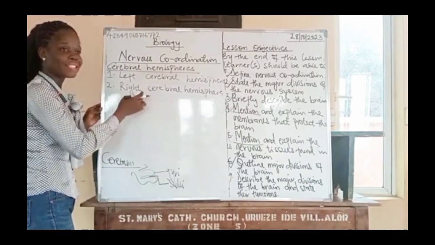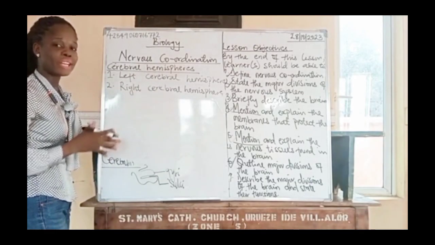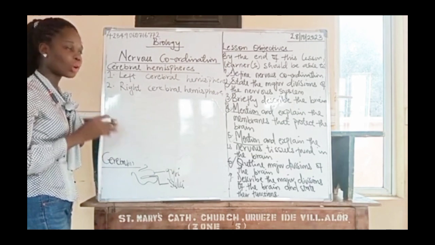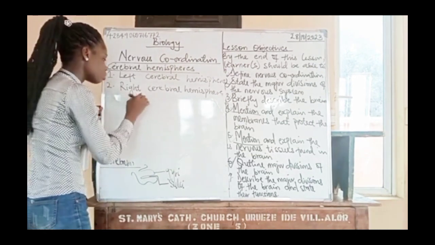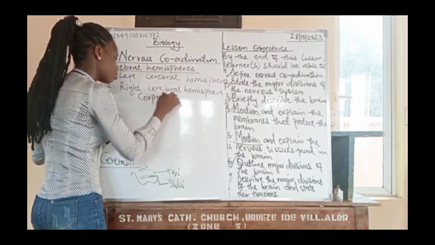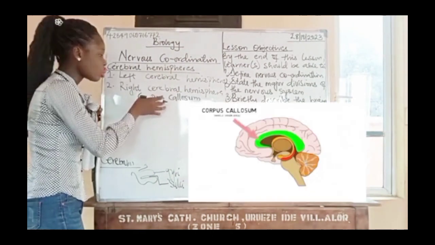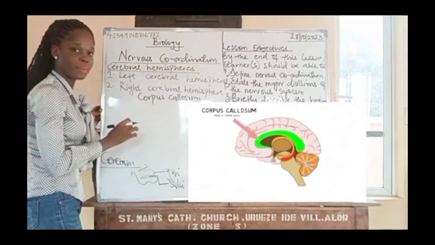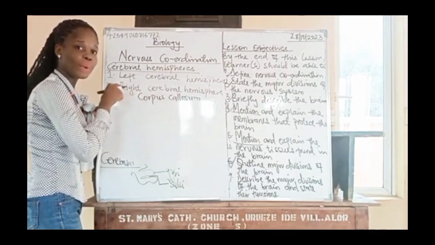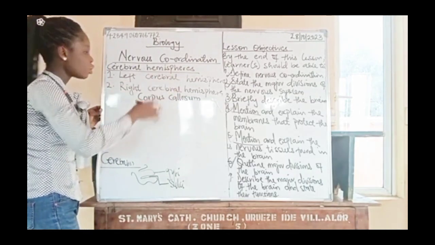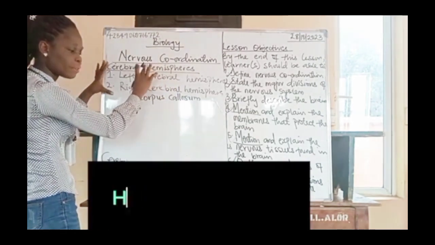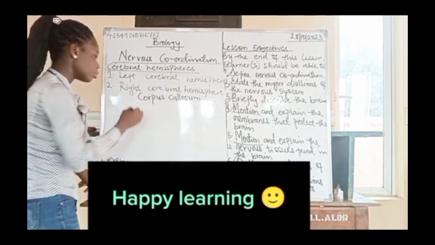The left and the right cerebral hemispheres are connected by a band of fibers called corpus callosum. The corpus callosum connects the left and right cerebral hemispheres and also ensures proper communication between them. With this, we are done with the cerebral hemispheres and we go over to the cerebral lobes.